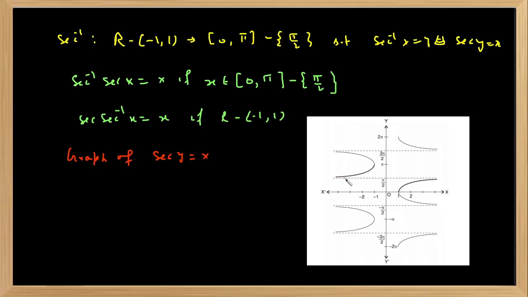So this will be the shape, and these are graphs, part of the graphs in other branches. So the principal value branch is 0 to pi excluding pi by 2. So in that, the graph is this dark portion. So we'll be taking this part of the graph if it is asked to draw the graph of sec inverse x.